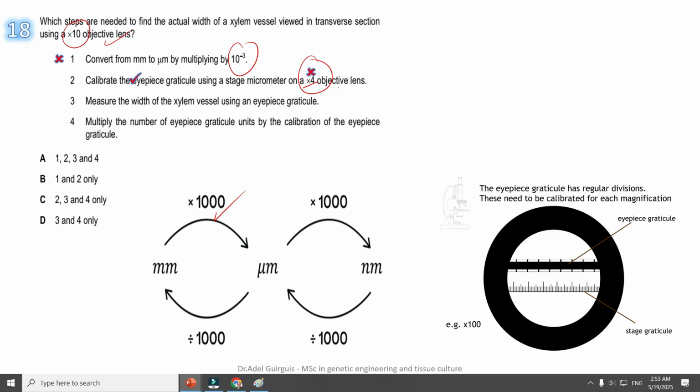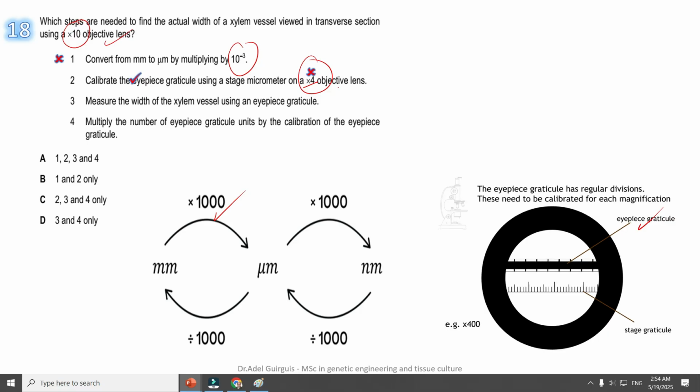Number 3. Look at this figure. Here we calibrate the eyepiece graticule with the stage micrometer at 100x magnification: 10 for the eyepiece lens and 10 for the objective. 10 times 10 equals 100. Look at the value of each eyepiece graticule unit and compare it when we change the objective to 40 instead of 10.